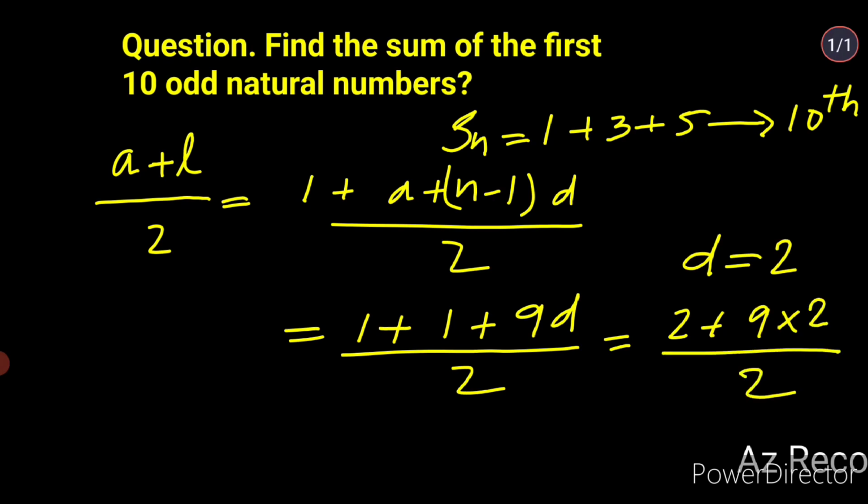You get 9 into 2, 18, plus 2 is equal to 20, divided by 2, that is 10. The average of the numbers is 10.